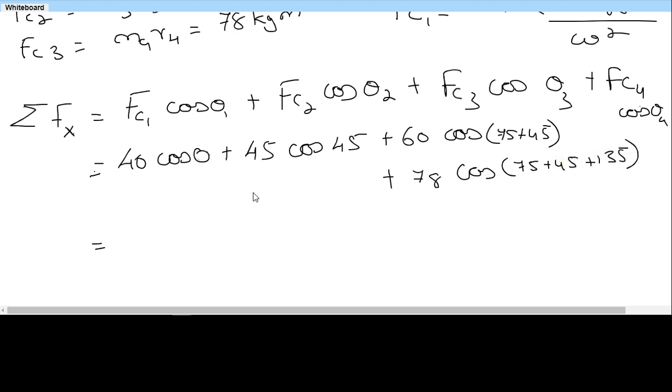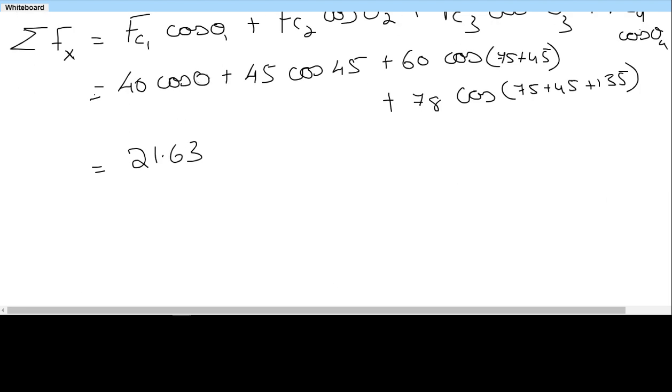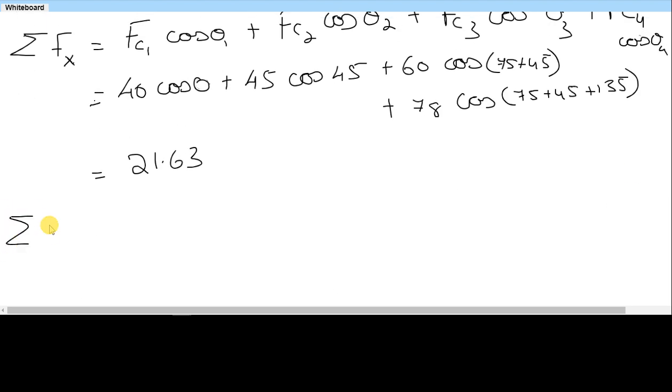So if you do it in the calculator, you will get a value of around 21.63.